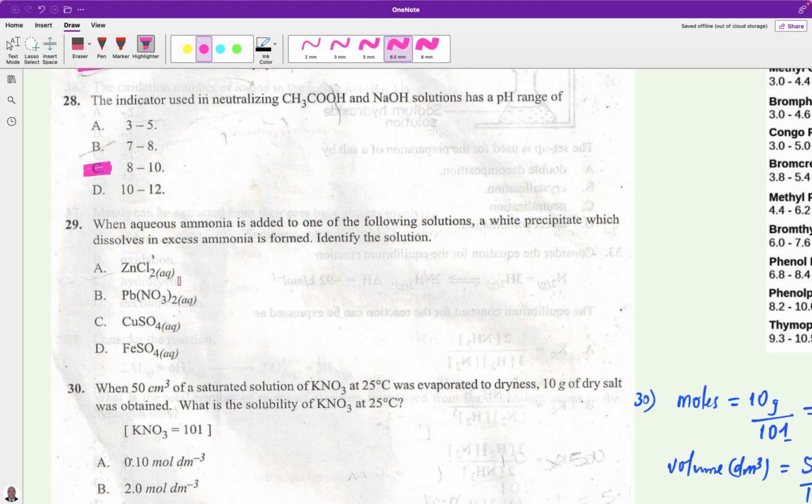And when excess aqueous ammonia is added to the white precipitate, it dissolves in excess. So our answer here will be zinc chloride.